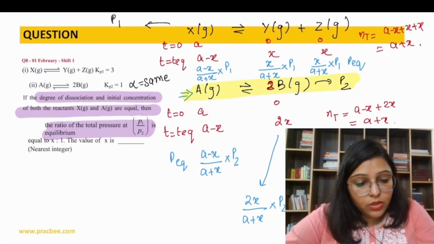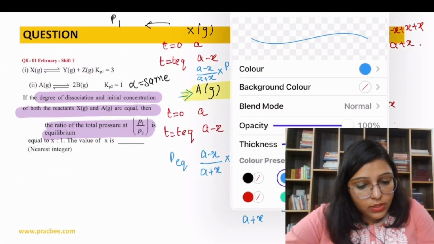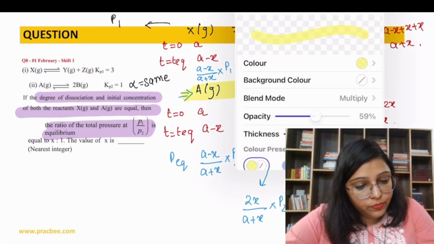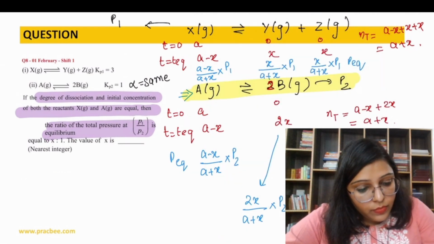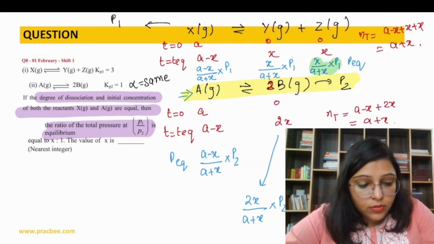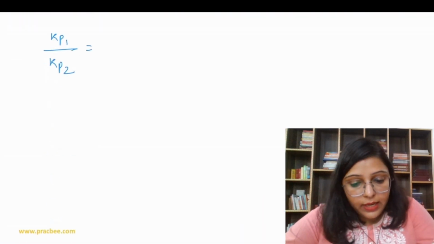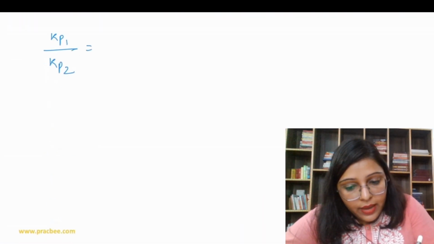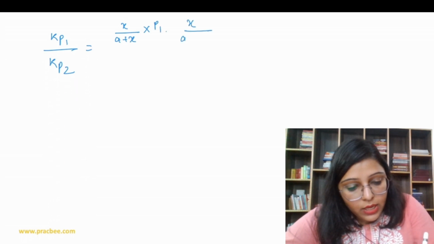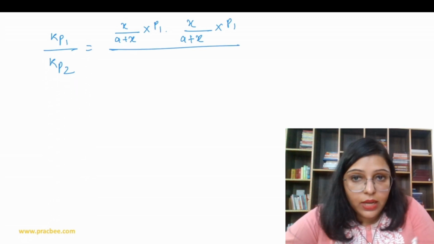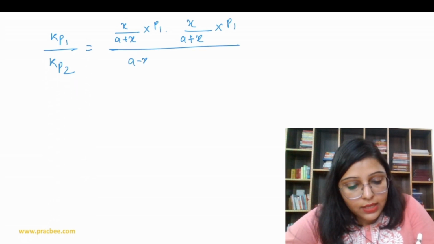So the product pressure is x upon a plus x into P1, x upon a plus x into P1, divided by a minus x upon a plus x into P1. That is Kp1.